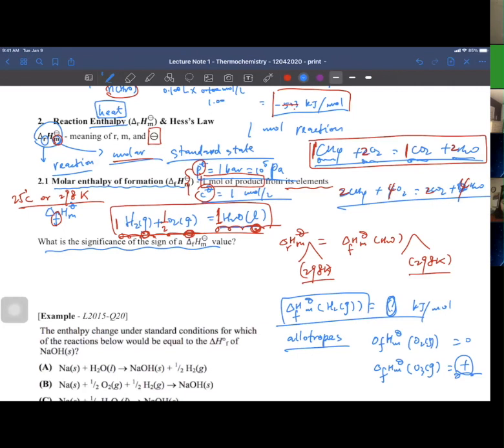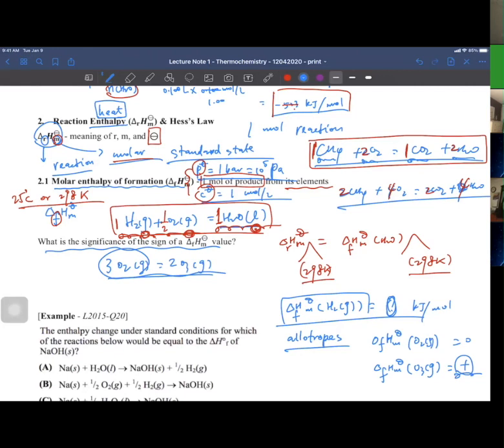Less stable. How can we justify this? Let me write down the change from O2 into O3. Because nature prefers exothermic reactions, so nature prefers negative. Exactly, right? So as you can see, this process will be endothermic, right?